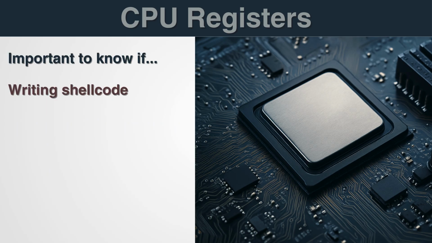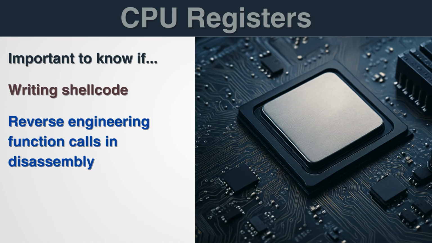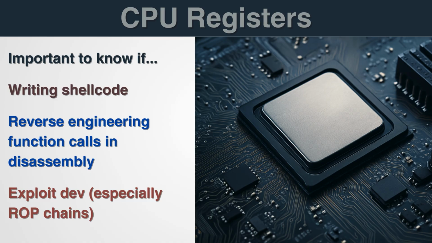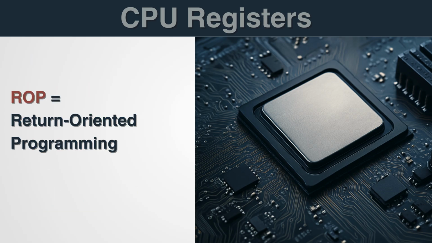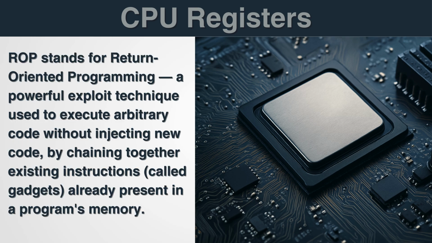So if you're writing shellcode, if you're reverse engineering function calls in disassembly, if you're working on exploit development like ROP chains, and an ROP chain, that stands for Return-Oriented Programming, which is a powerful exploit technique used to execute arbitrary code without injecting new code, by chaining together existing instructions, referred to as gadgets, already present in a program's memory.